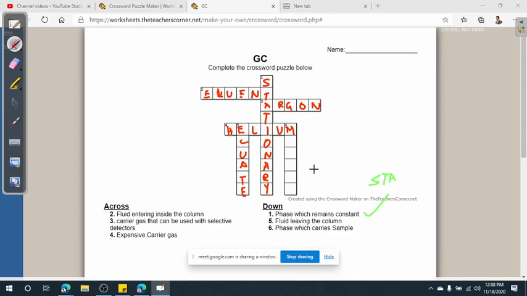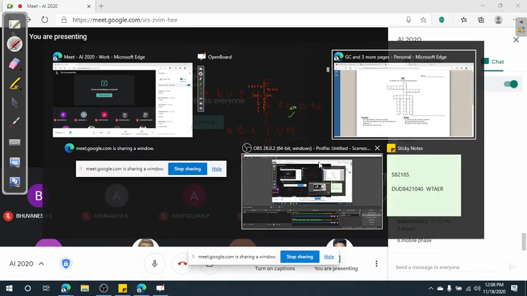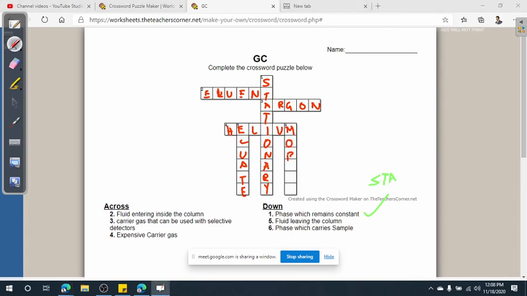And what is 6? Almost, you have got it correct. Six, as Sandosh told, is mobile phase. The phase which carries your sample is the mobile phase. The phase which remains constant is the stationary phase. The fluid that is entering is called eluent. The fluid that leaves is called eluate. The expensive carrier gas is helium. A carrier gas that can be used for selective detectors is argon.